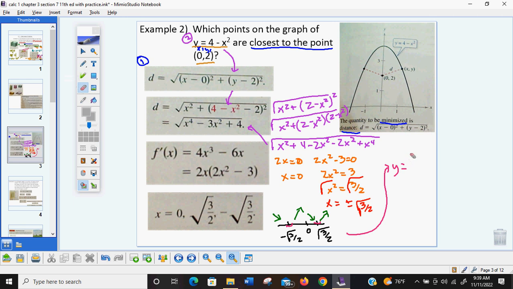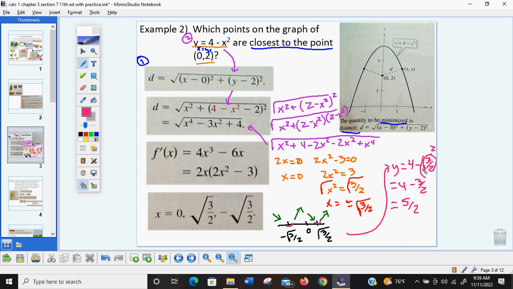Let me fix that. So I do 4 minus, and let's square it. So square root of 3 over 2 squared is just going to equal 4 minus 3 halves. And that would be 8 halves minus 3 halves, which is 5 halves.